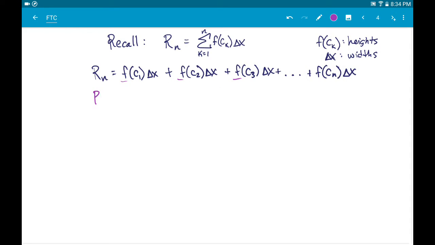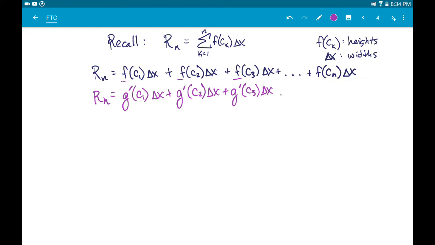And so, I can rewrite this as g prime of c1 delta x plus g prime of c2 delta x, g prime of c3 delta x. We're using substitution here, but the notation looks a little bit crazy. g prime of cn delta x. So that's pretty exciting.